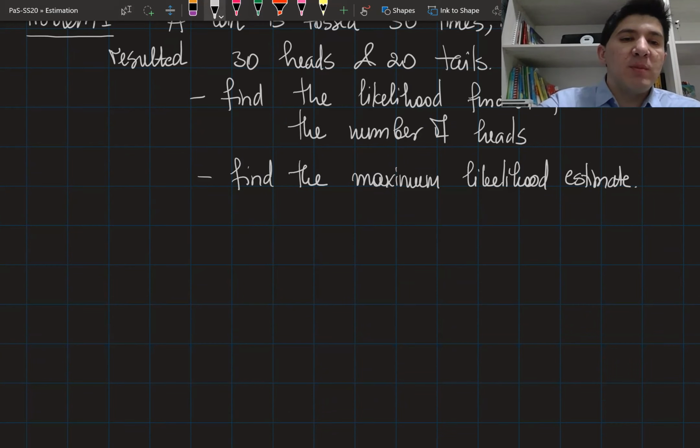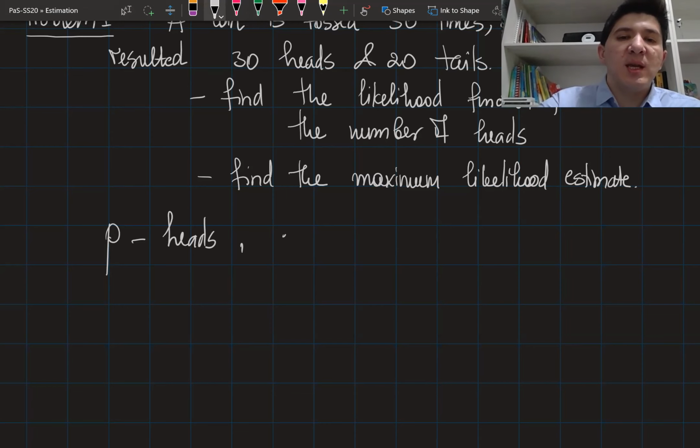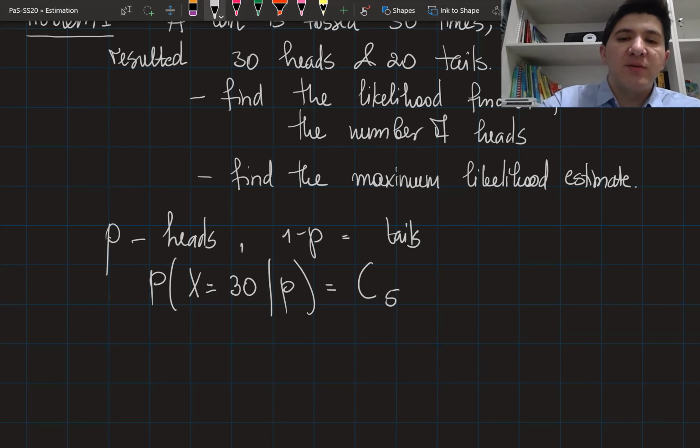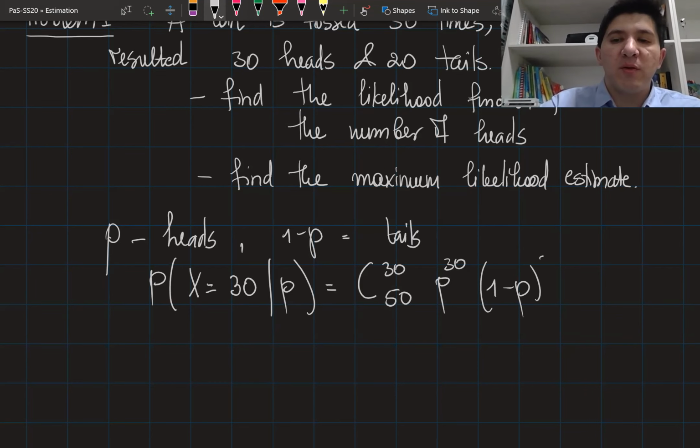So if you assume that getting heads has probability p and getting tails is 1 minus p, then the probability of getting 30 heads for some given p is going to be equal to the combination of 50 choose 30, p to the power of 30, and q to the power of 20. Here q is equal to 1 minus p.